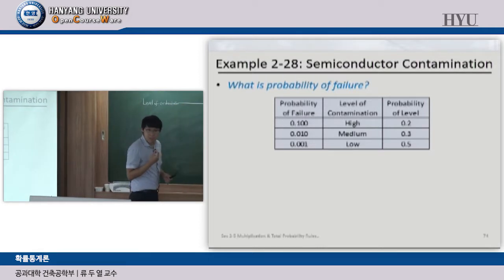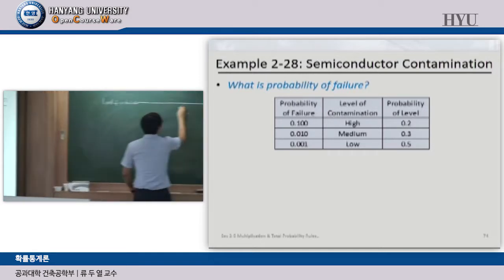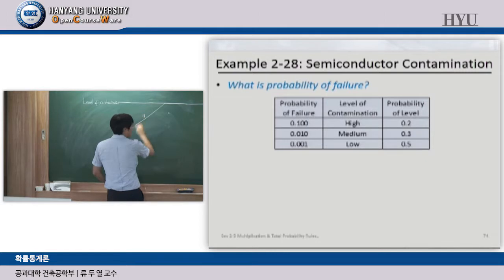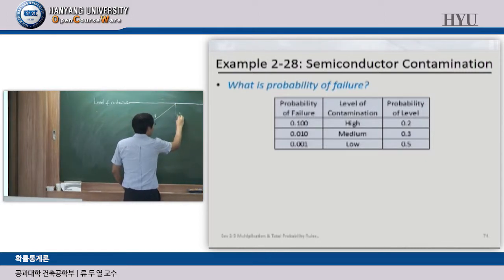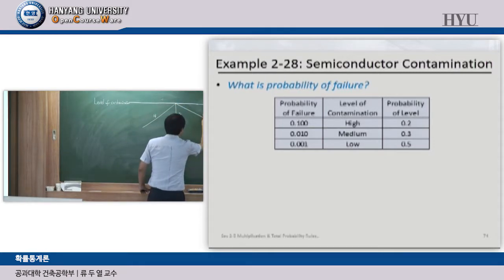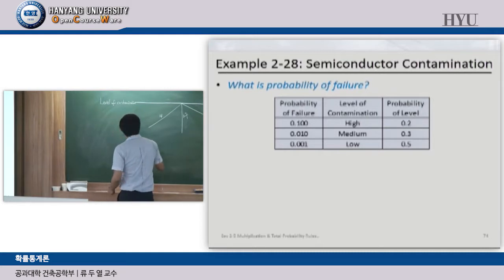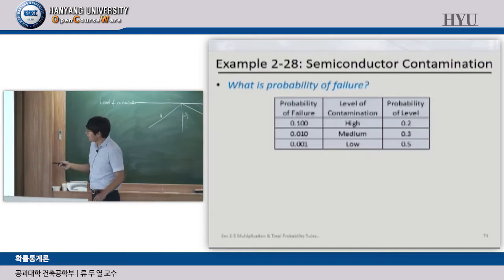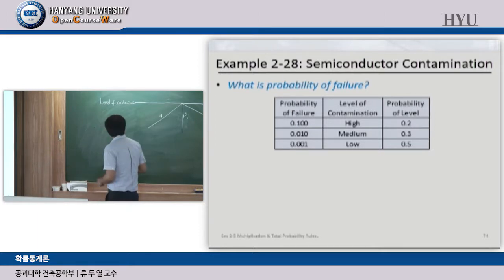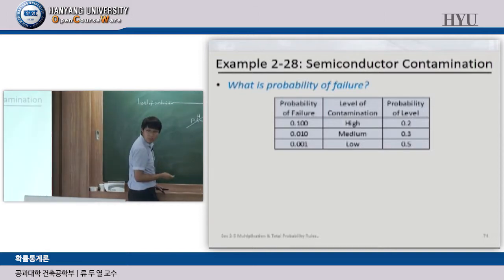We have three levels of contamination, right? First one is the high contamination, and we have medium contamination, and also low contamination. And each case has a probability, right? The probability of high contamination is 0.2, right?